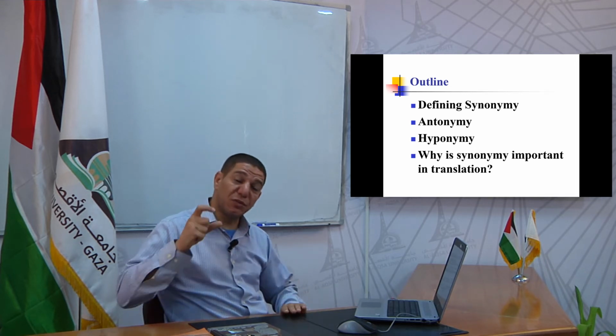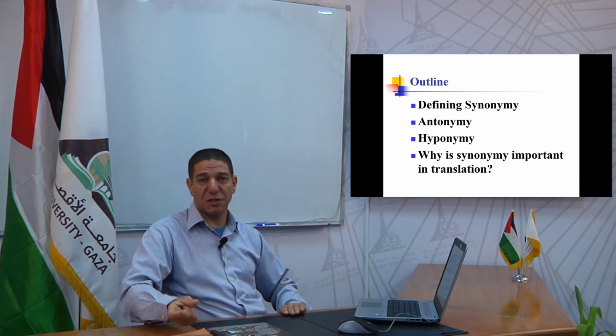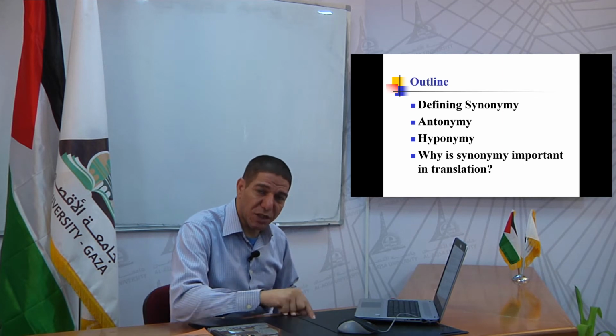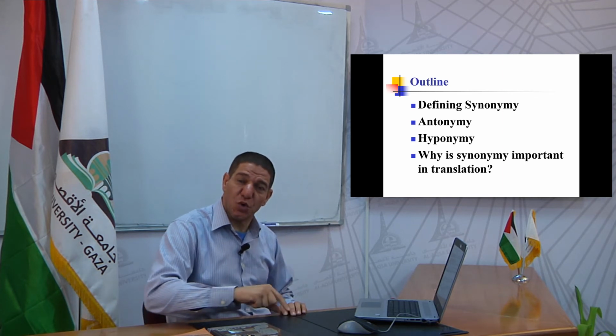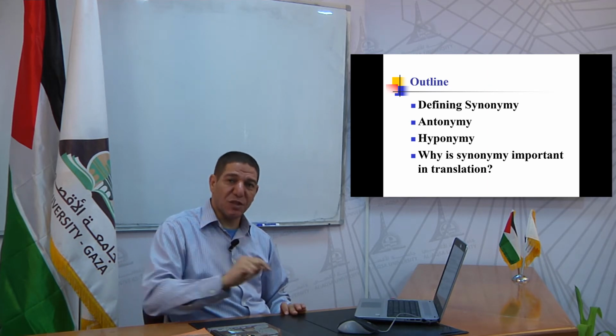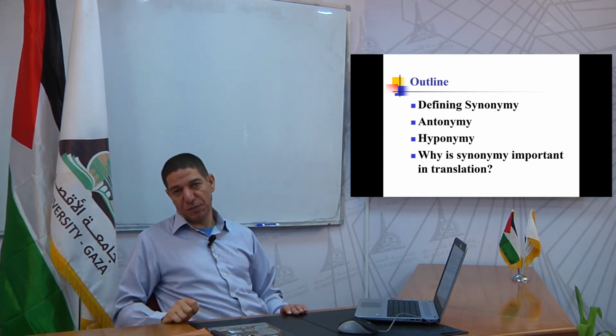When we talk about free translation, we in fact talk about a certain way of using synonymy as well. Why you use this word, not that one, relies on your decision on which type of translation you opt for when you start your translation process, okay?